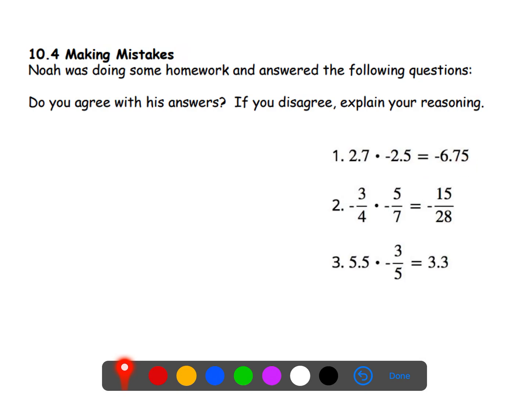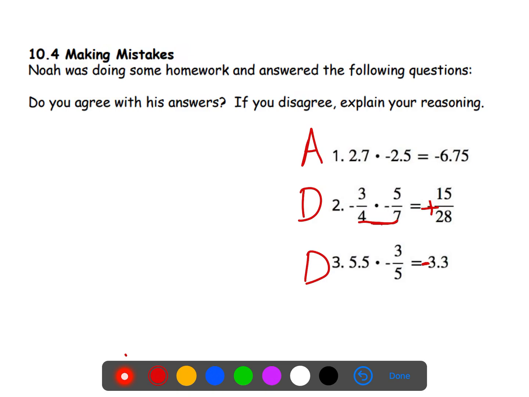So yes, I agree with that. Let's see, we'll put agree. And for the next one, multiplying 2 negatives should be a positive, so I disagree with that. And then finally, multiplying a positive and a negative should give us a negative, so I disagree with that one as well.